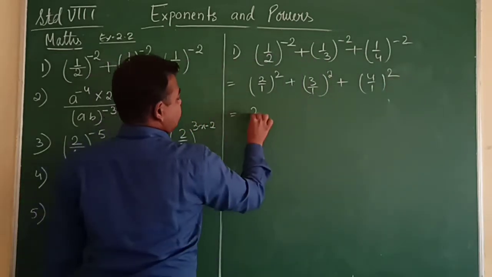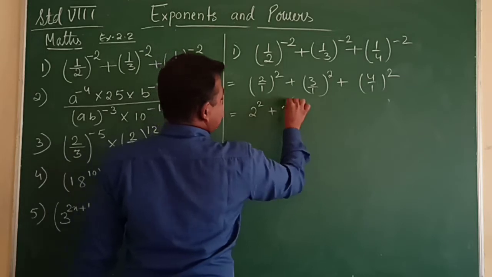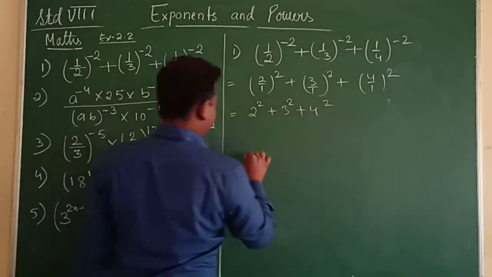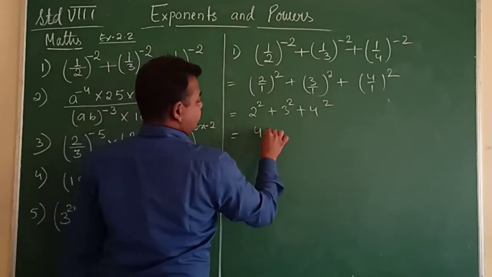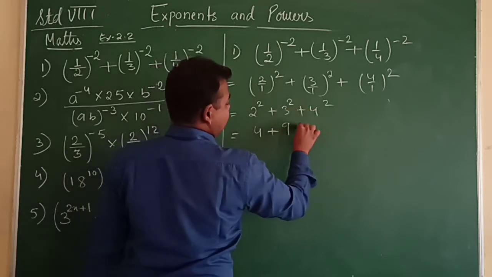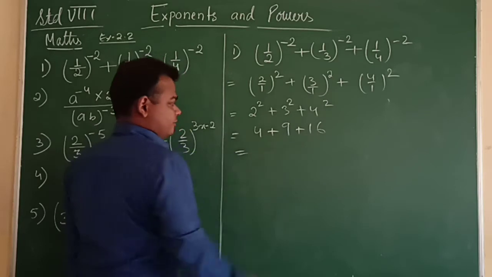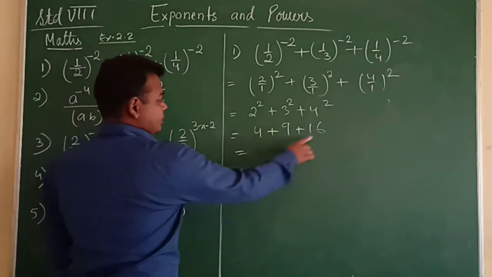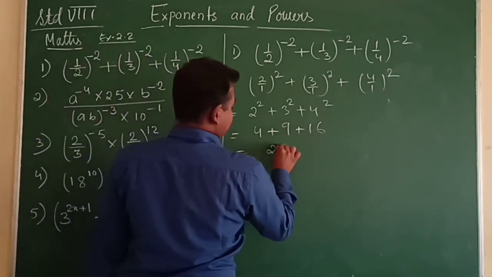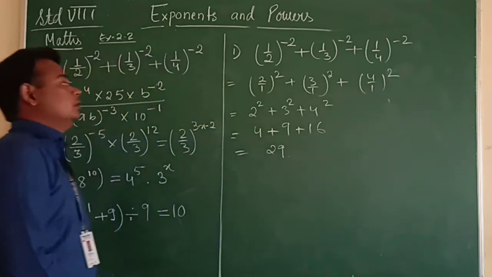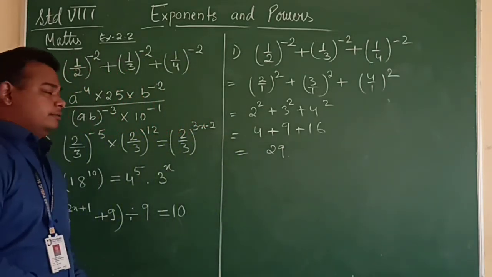So this is 2 to the power 2 plus 3 to the power 2 plus 4 to the power 2. 2 squared is 4, 3 squared is 9 and 4 squared is 16. 16 plus 9 plus 4: 16 plus 4 is 20, and 9 more makes 29. So this is how we will solve the first question.